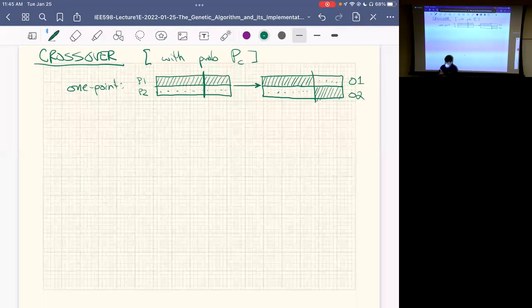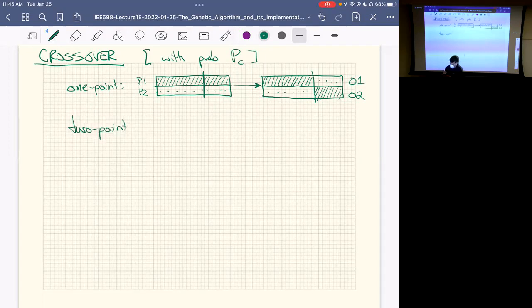You can also do a 2-point crossover, and this is where I'm going to stop. It's a similar idea, but we choose 2 points, like here and here.